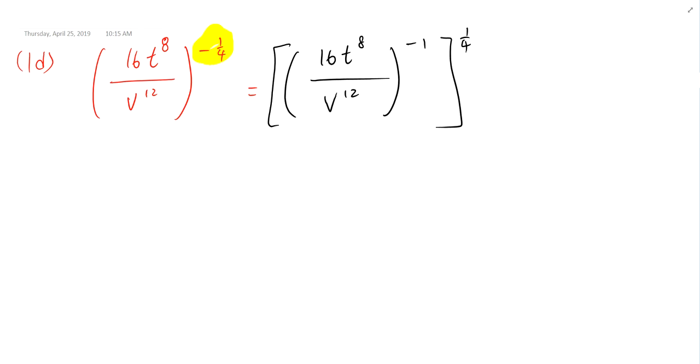Power negative 1, this one over here. What are we supposed to do with power negative 1? 1 over? In physics, when do you see power negative 1? Something like this, meters, second, power negative 1.